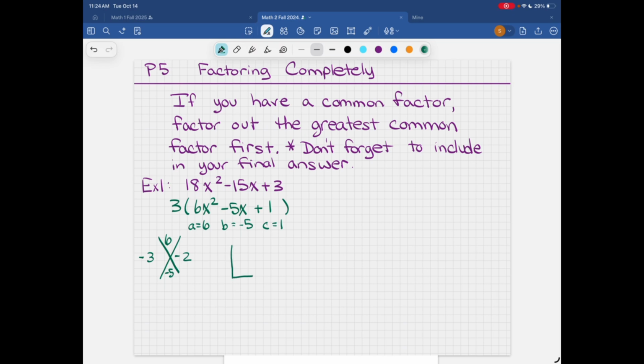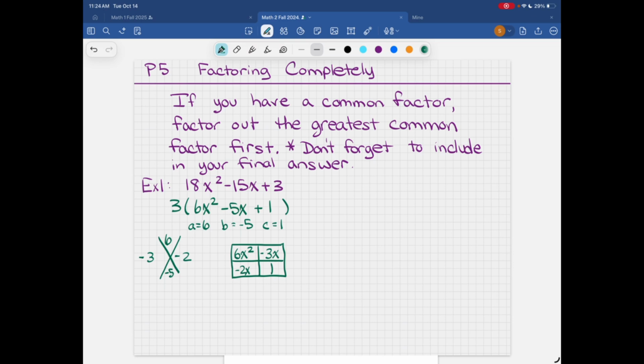I'm going to make my box. I'm making my box with just my insides, just like with what I factored with. So 6x squared goes in the first part. The 1 goes in the bottom right. And I'm going to use my factors, negative 3x and negative 2x, to complete my box.